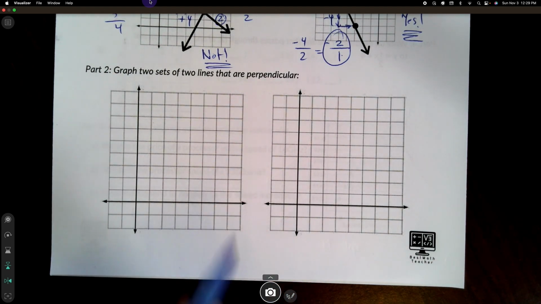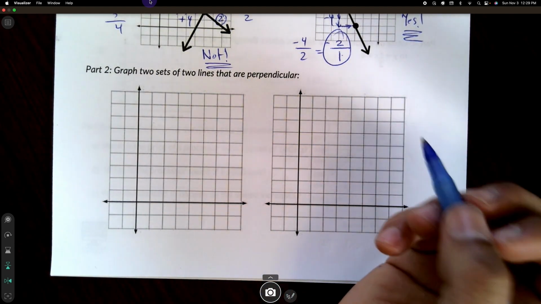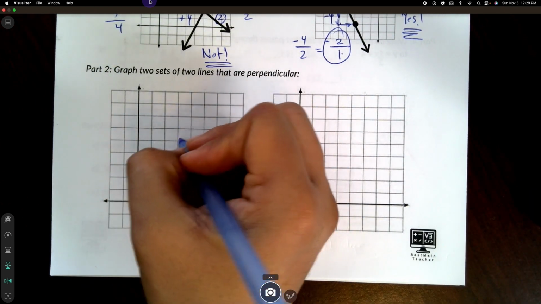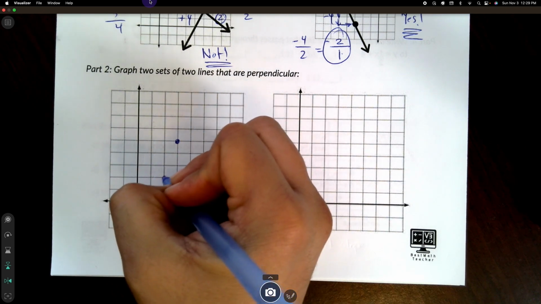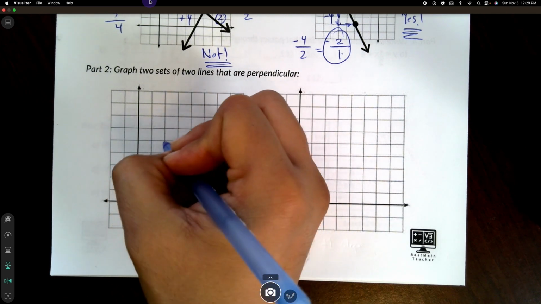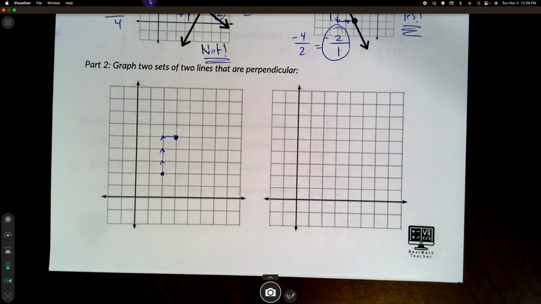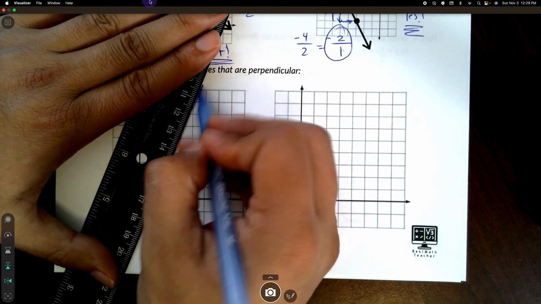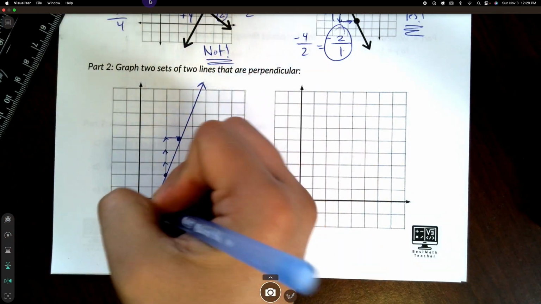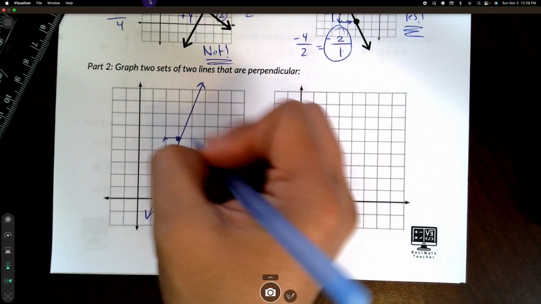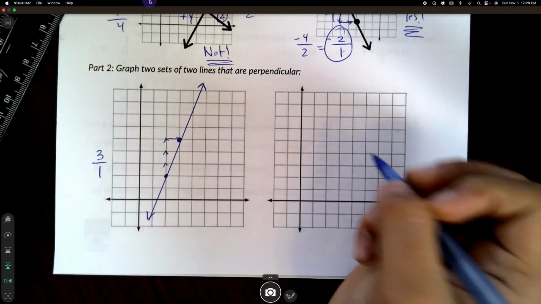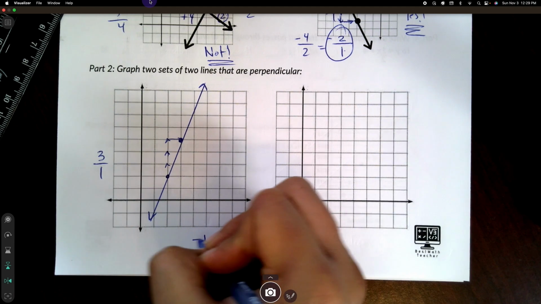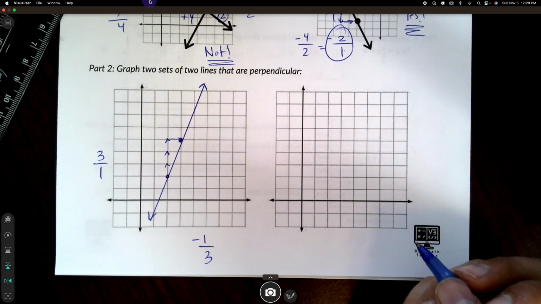So let's draw 2 sets of perpendicular lines. I think I'm only going to draw one. I'll have you draw another one, but I'm going to pick something simple. So let's see. Up 1, 2, 3/1. Let's draw the line. Okay. Now, if this has a slope of 3 over 1, the perpendicular slope is going to be 1 over 3, but it's going to be negative. Okay?